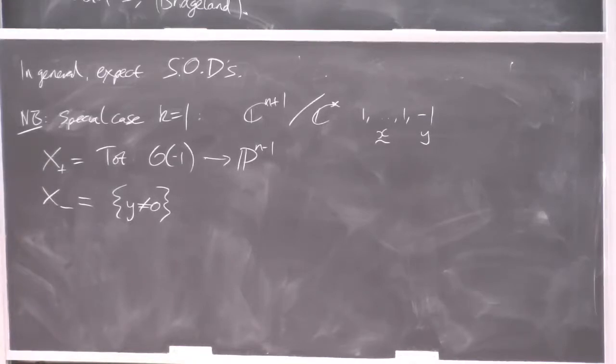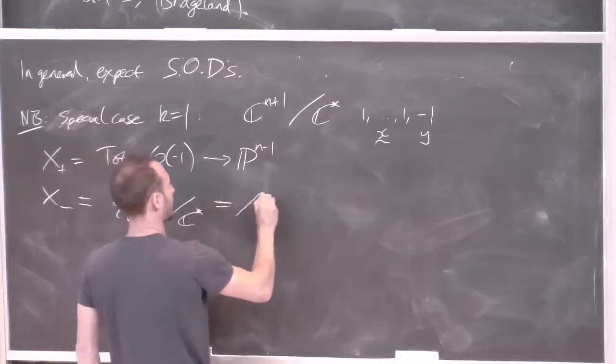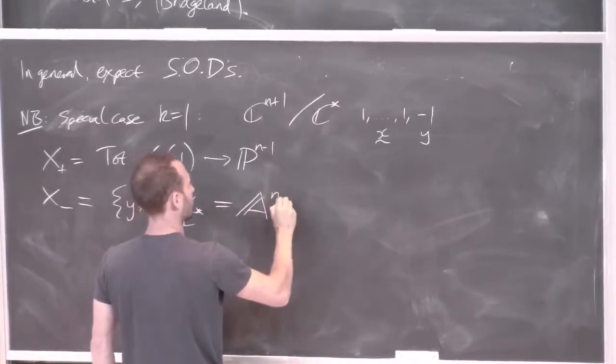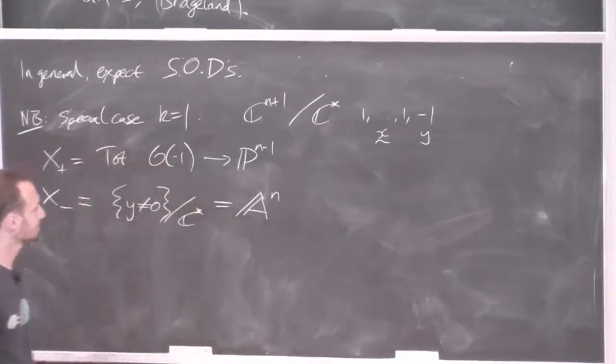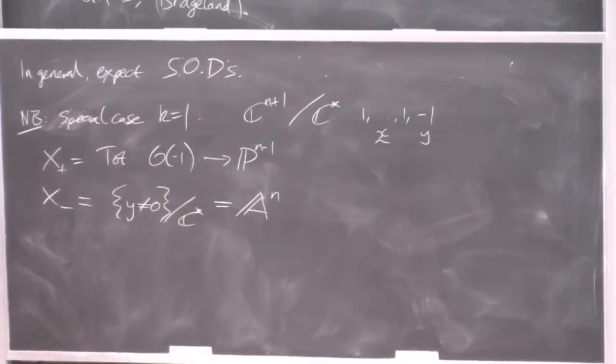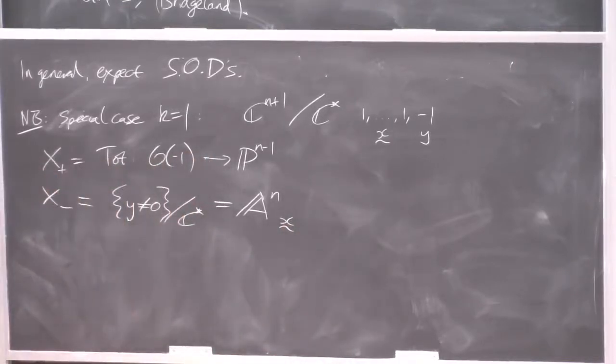The value of y is basically irrelevant because you can rescale y to 1 with no trouble. And so what you are left with is just affine space of dimension n. Right? Which you may as well consider as being in the x variables. It's just that the y variable is irrelevant.